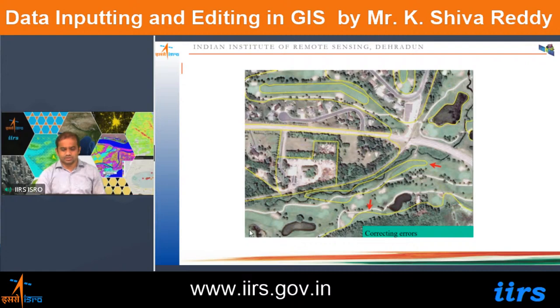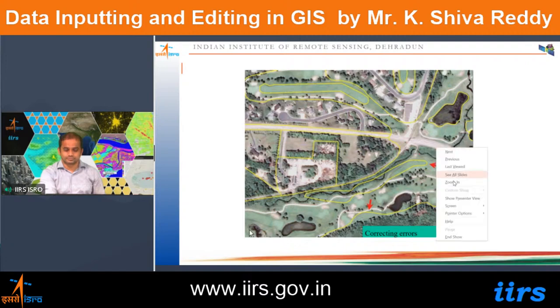Right. So let's see a case here. I have taken a satellite image. I have tried to digitize, and then I find that this feature here, I am not able to connect.